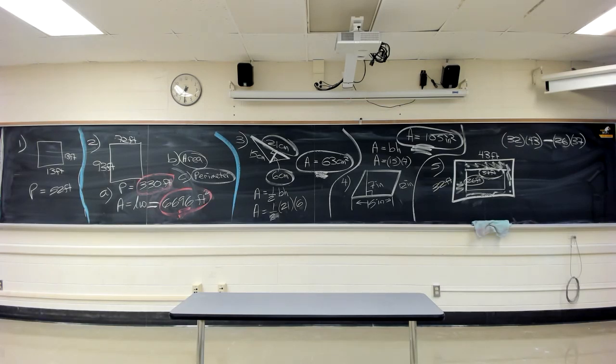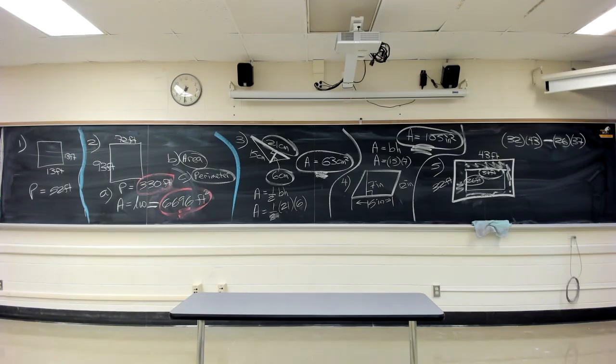Let's basically take 32 times 43 minus 26 times 37. 414.